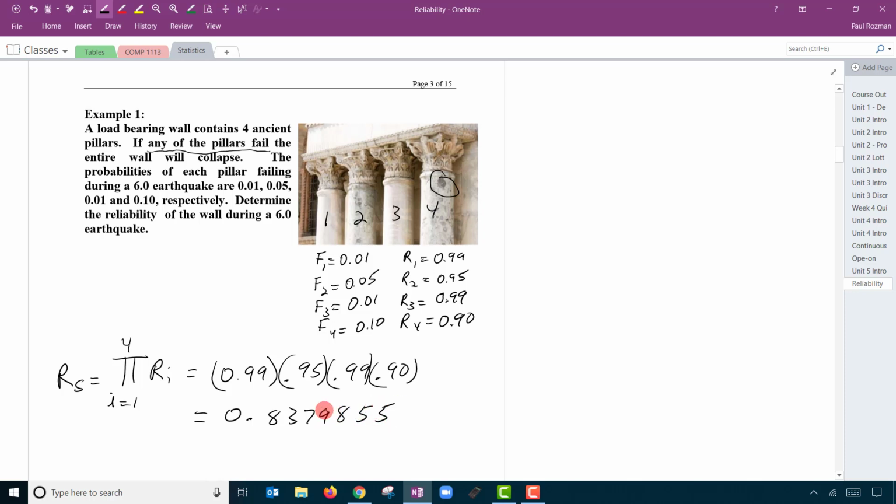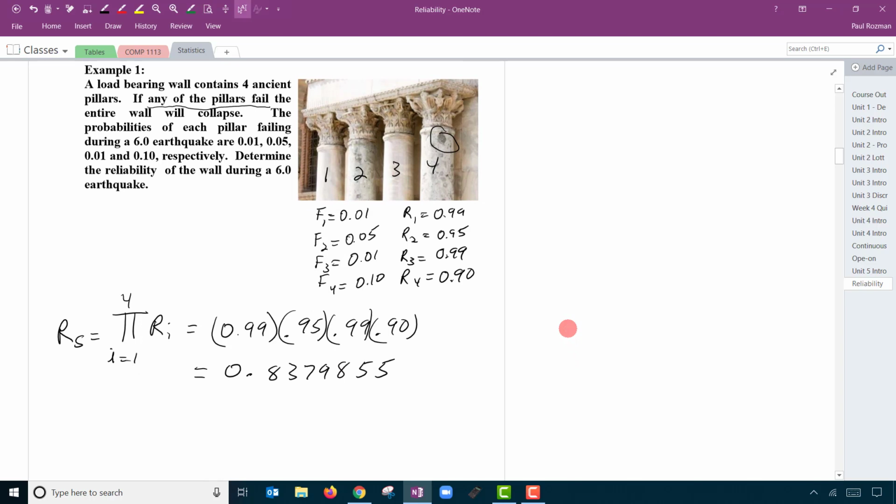So roughly 84% reliable, if you trust the initial assessments of the individual components. So that's a system in series. Kind of a crude example, but gets the job done.